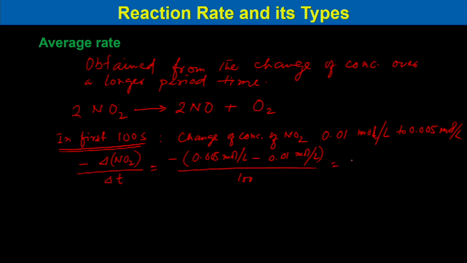So, it is 0.004 mole per liter divided by 100 seconds. So, it would be 4 into 10 to the power minus 5 mole per liter second.